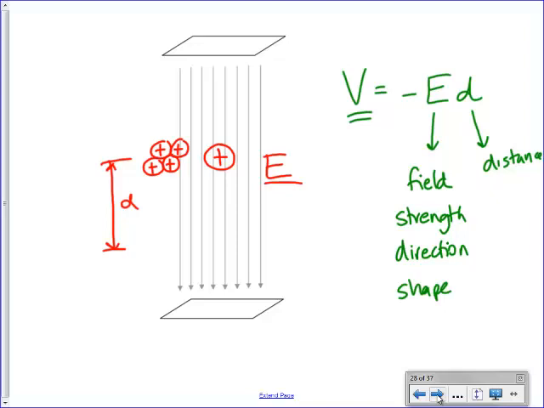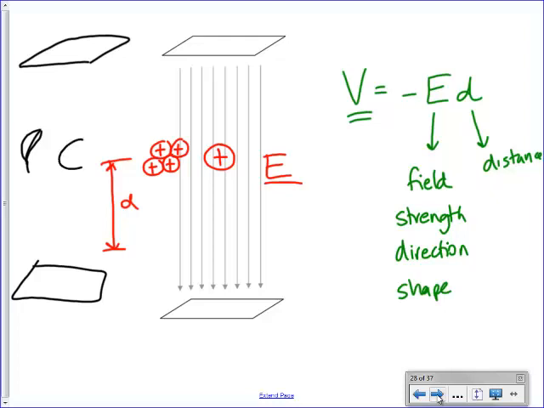This is kind of like saying, if I go back to my gravity idea, I've got a ceiling and I've got a floor. If I've got a feather or a leaf, and if I've got a bowling ball, the thing that's different about those two objects is their mass, right?